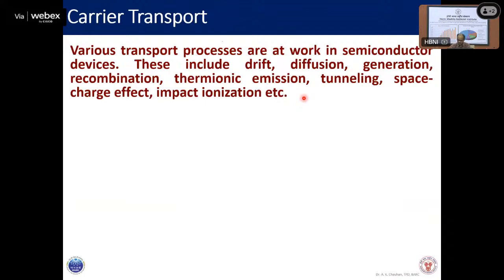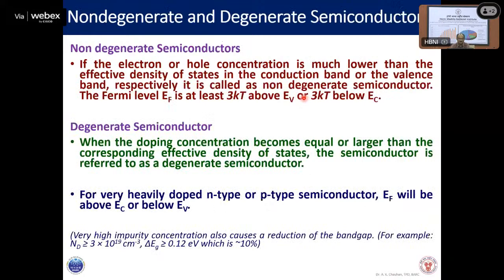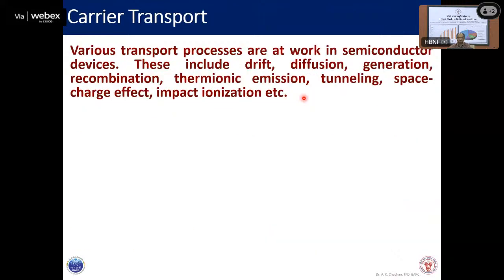Now this is clear. We have learned degenerate and non-degenerate semiconductors, N-type, P-type, and doping. N-type we will see once again. Now, how can an electron move inside a material? There are different ways in which carriers move.